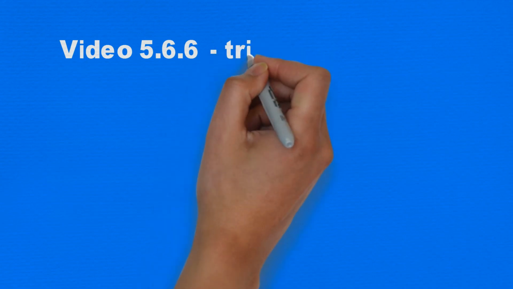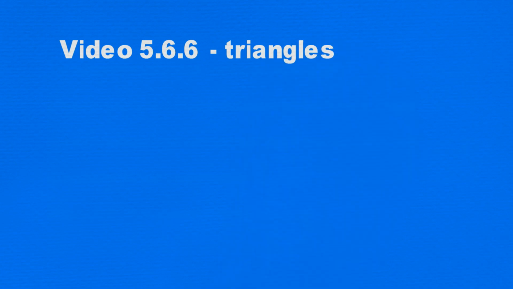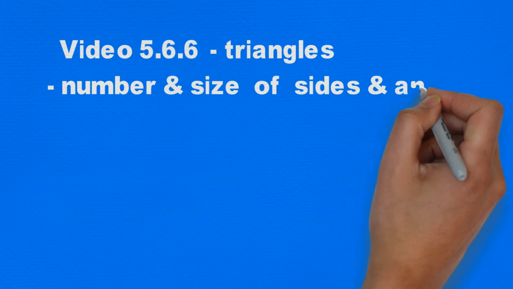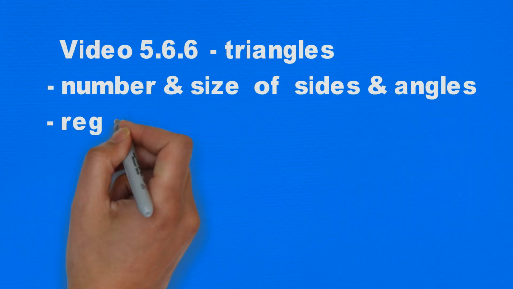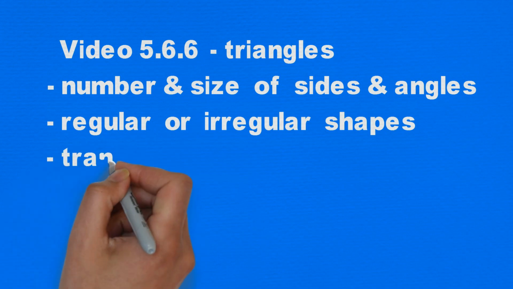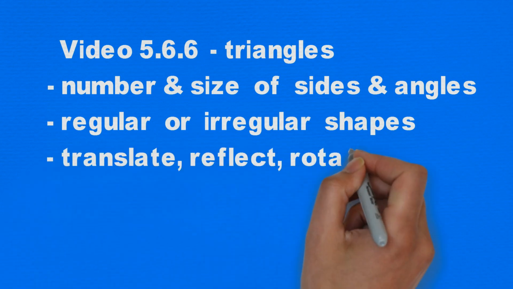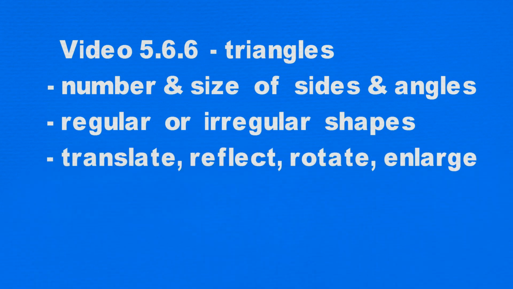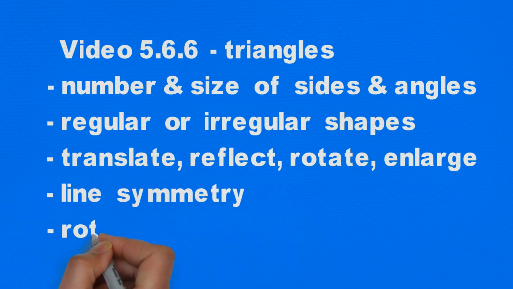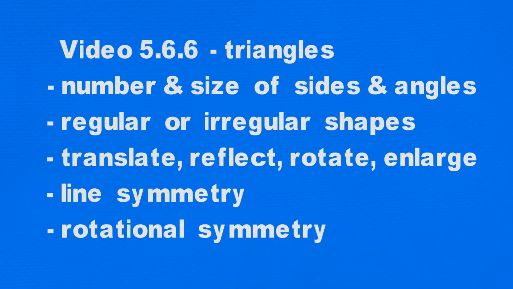In video 5.6.6, Max and Min explored the features of the different types of triangles, including the number and size of their sides and interior angles, which triangles are regular or irregular, the translation, reflection, rotation and enlargement of triangles, and line, as well as rotational symmetry.